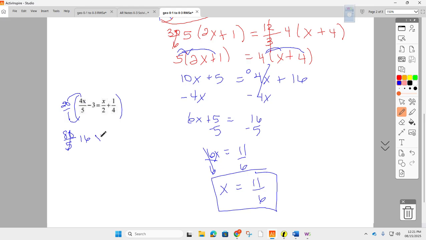Coefficient on x, so we're going to bring down the x minus 20 times 3. There's no fractions there, so we can put minus 60. So 20 times 3 is 60. Now, 20 times x over 2, remember that's a 1 there if we don't see it.